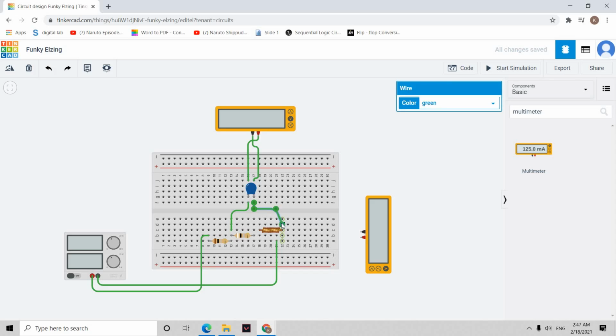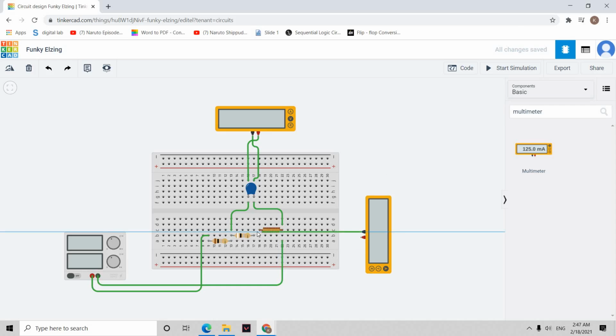The negative should go here, and then the positive is going to be here.